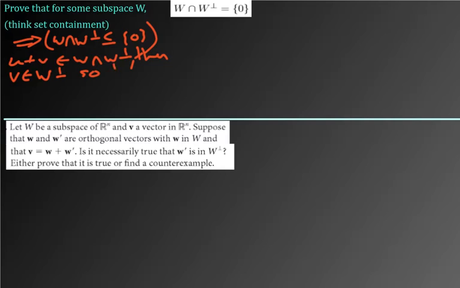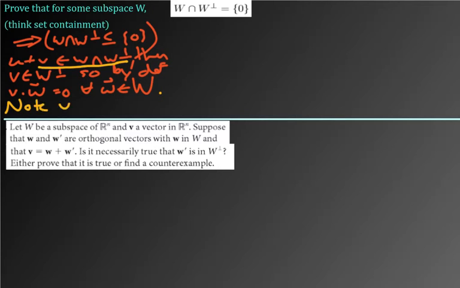So that means by definition, V dot W equals 0 for all W in subspace W. So this is all vectors W. And what that means is it should also be true for W equal to V. Note, V is also in W, so V dot V equals 0, which implies that V equals 0. It has to be, right?